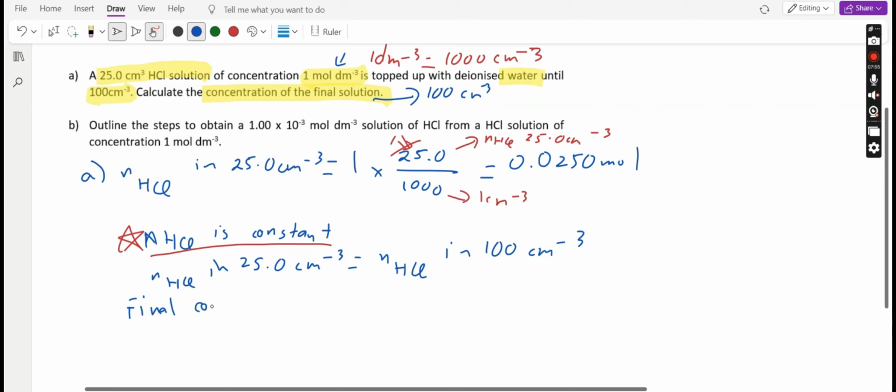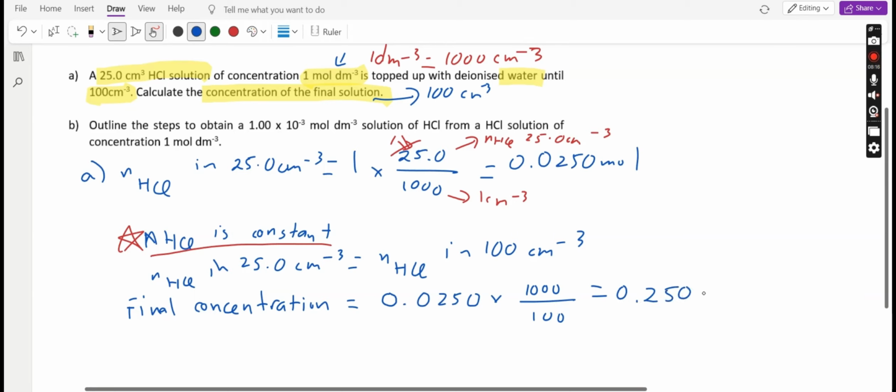Final concentration. Since the number of moles is constant, it is 0.0250 multiplied by 1000 over 100, you get 0.50 mole per dm cube.